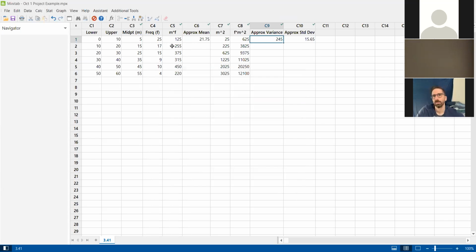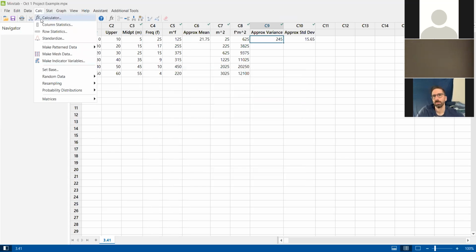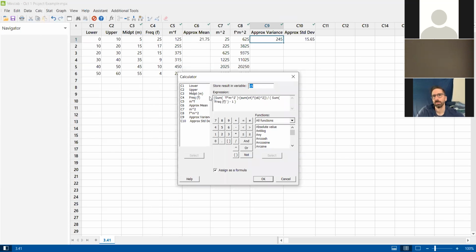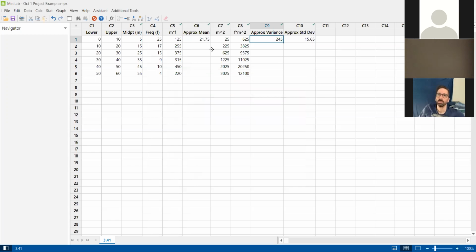And then if you do C6, and let's change that to C6, notice I took the sum of the column of m times f. That should give me my total sum. And I'm dividing by the total frequencies, which is the total number of data points in the data set. And that's how I got 21.75. Does that make sense?